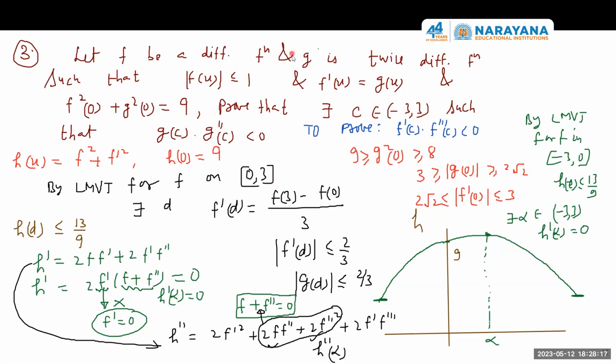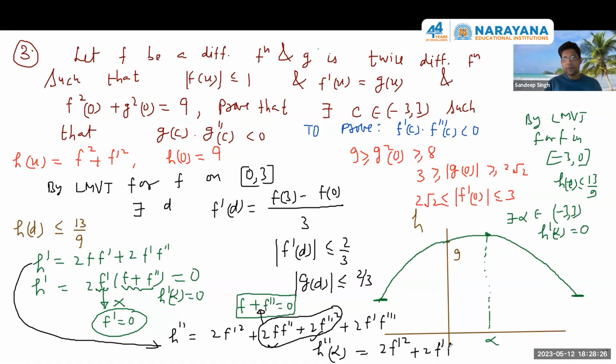That means h double dash of alpha will be 2f dash square plus 2f dash f triple dash. And from the concavity of this graph, since it is a point of maxima, h double dash at any point must be strictly negative.